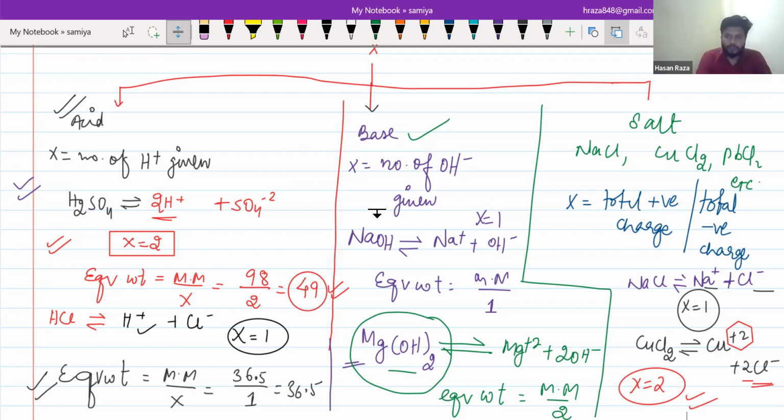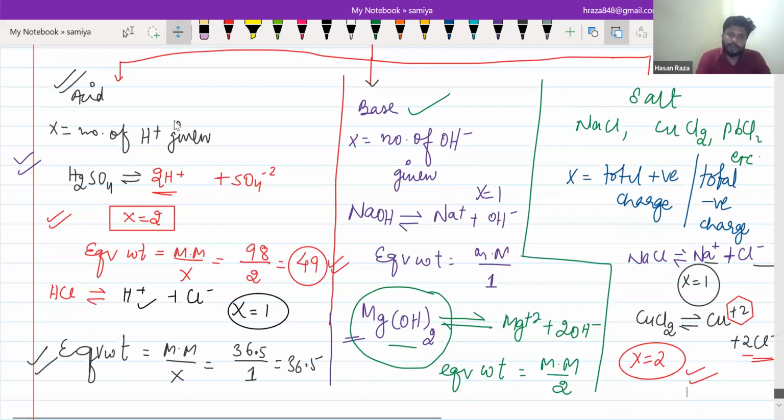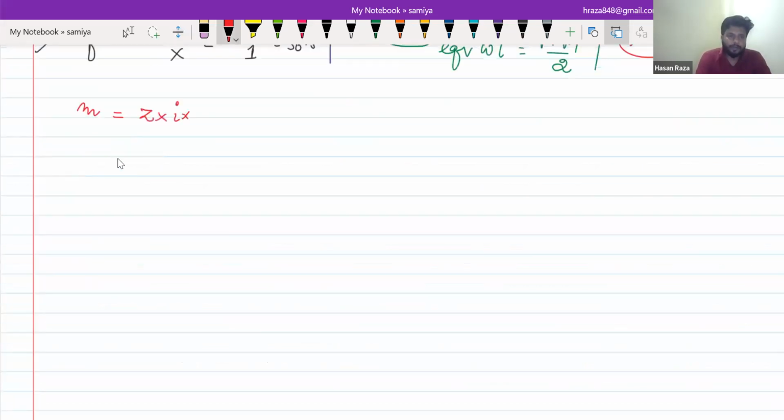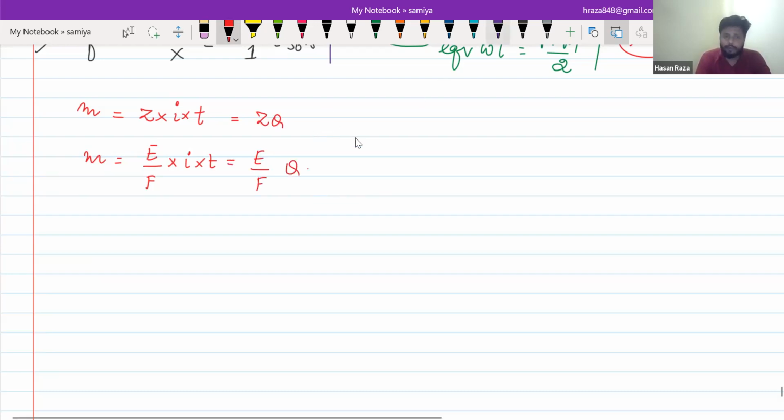So we had a formula, M equals Z into I into T, M equals E by F into I into T. Or we can also write M is equal to Z into Q, and E by F into Q, where E is the equivalent weight. I have already written the formula: E is equal to molecular mass upon X, and I told you how to calculate X.